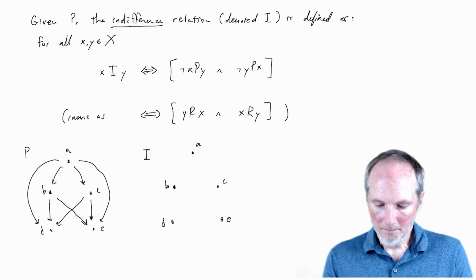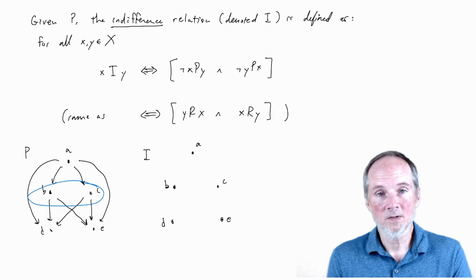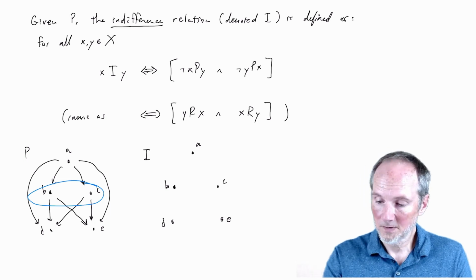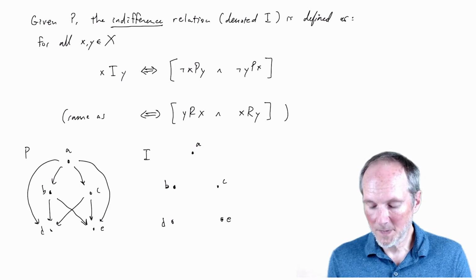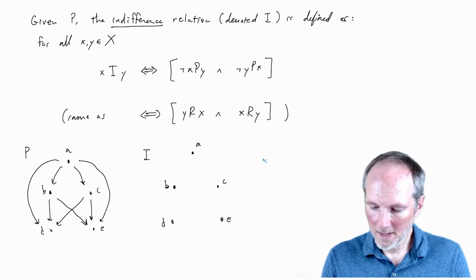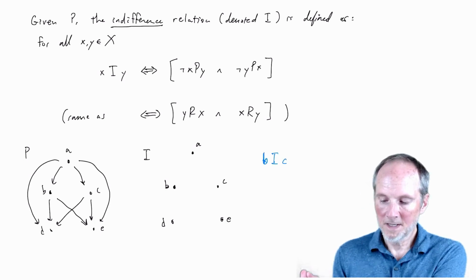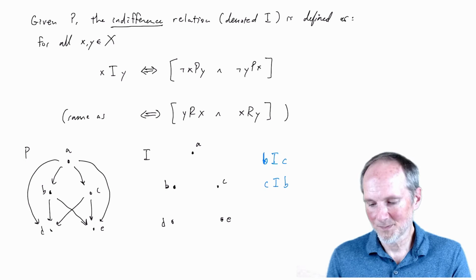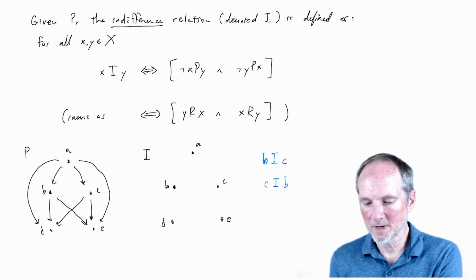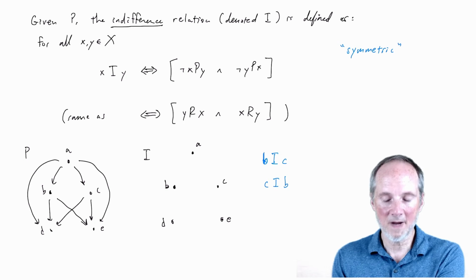Look at the strict preference relation and ask, is there a strict preference between those two alternatives in either direction? No, there's not. So that means that they're indifferent. I should just point out that this indifference between B and C holds, but so does the indifference between C and B. In fact, the indifference relation is what we call symmetric. It means the order of the two alternatives doesn't matter.